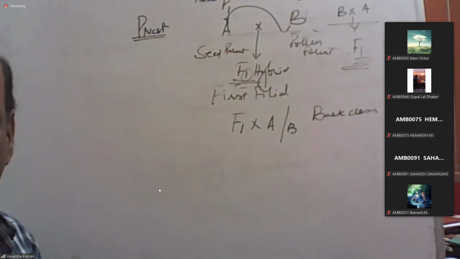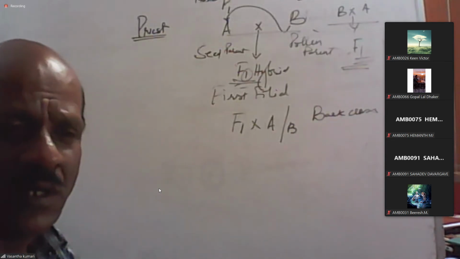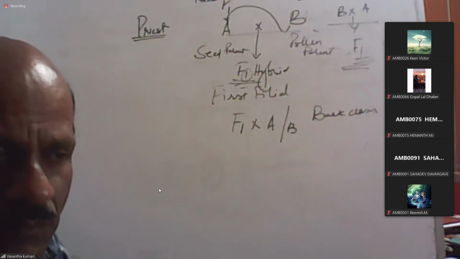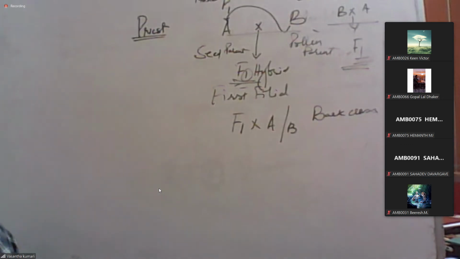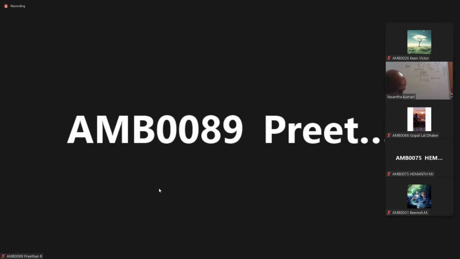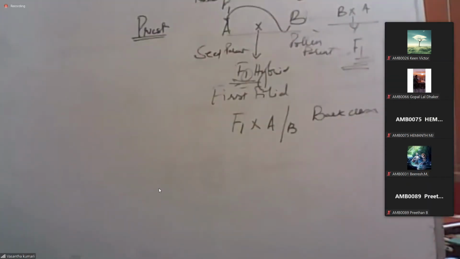Is that clear? Then why do we perform reciprocal crosses and try to study inheritance?